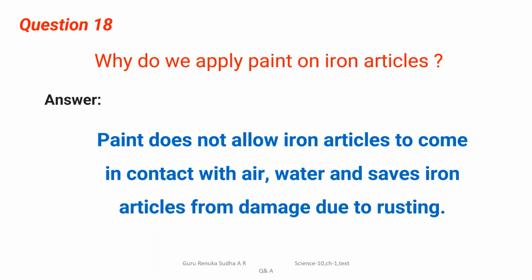Why do we apply paint on iron articles? Answer: paint does not allow iron articles to come in contact with air or water, and saves iron articles from damage due to rusting.